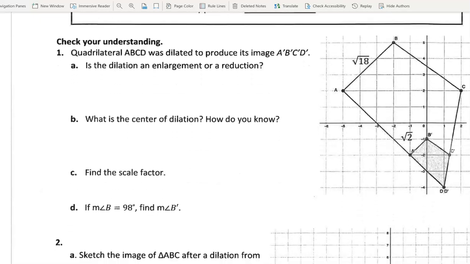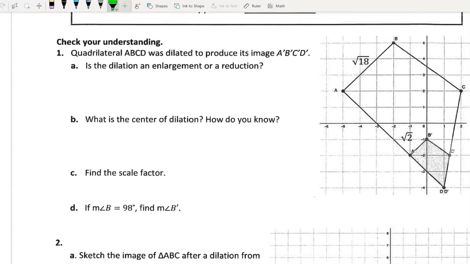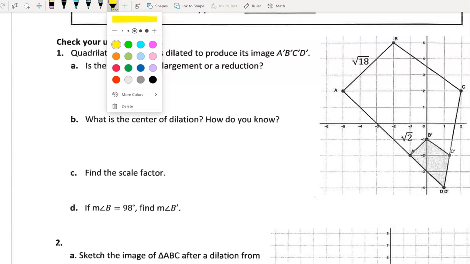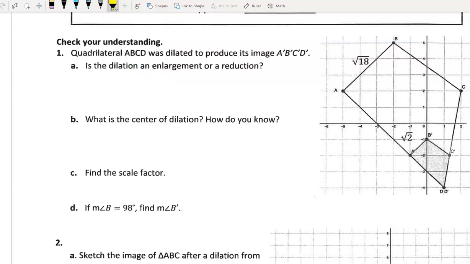Quadrilateral ABCD was dilated to produce its image A prime, B prime, C prime, D prime. Make sure you look carefully at the picture, because the original image has no primes by it. This point is in the same place for both, but we'll talk about that.